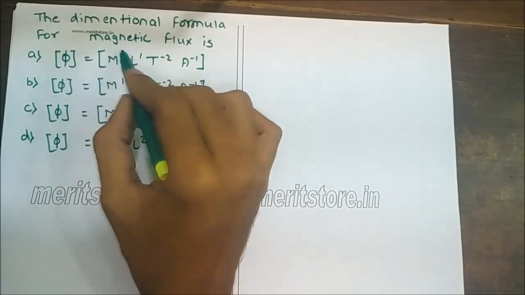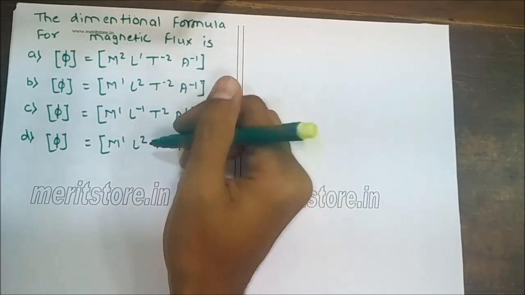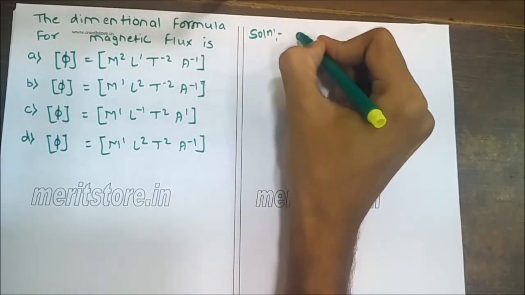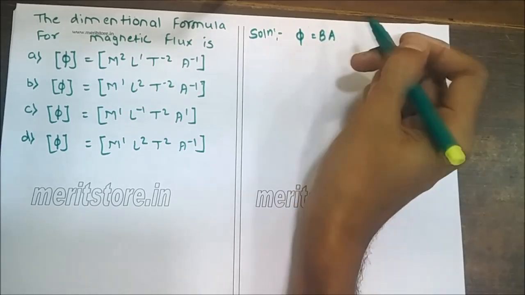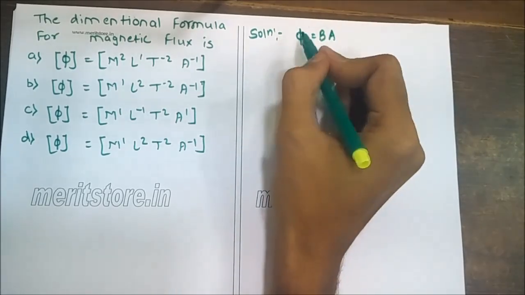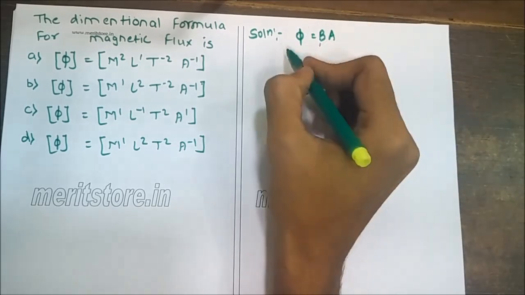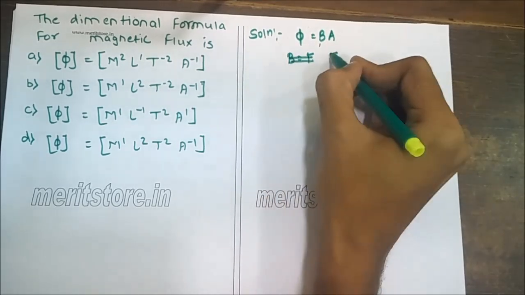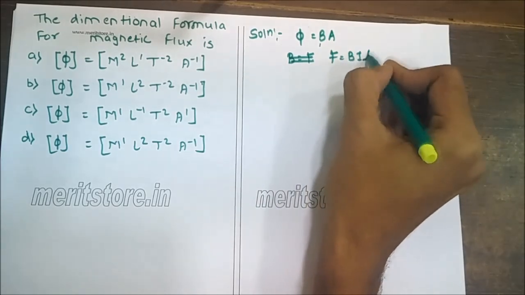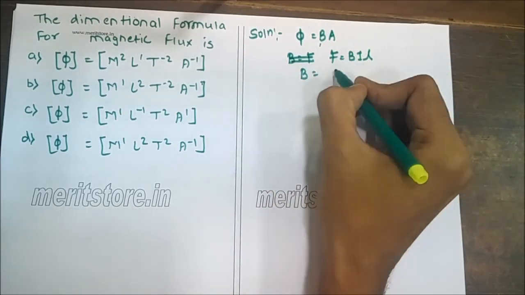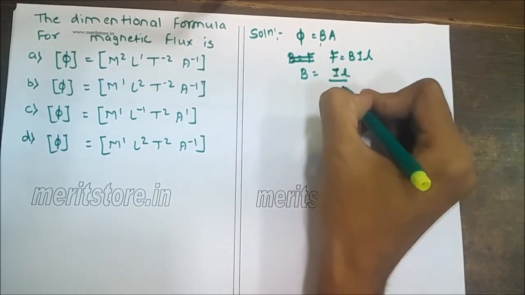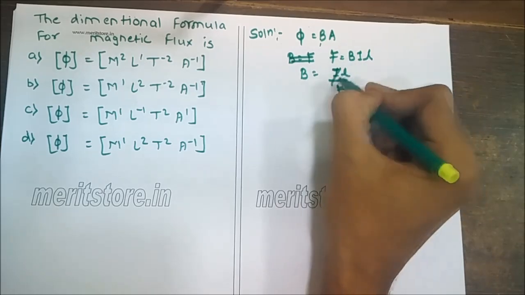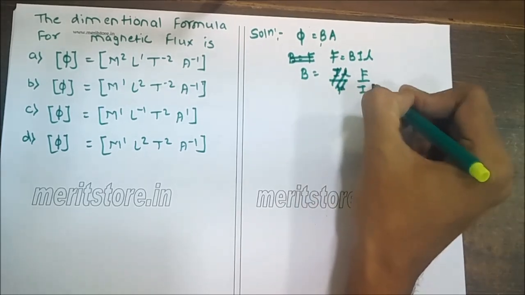Dimensional formula for magnetic flux is, so we need to get the formula for the magnetic flux. Phi, we know, is the magnetic induction multiplied by the area, but for that we first need to find the magnetic field. We know that the force is equal to BIL, so B equals F upon IL.